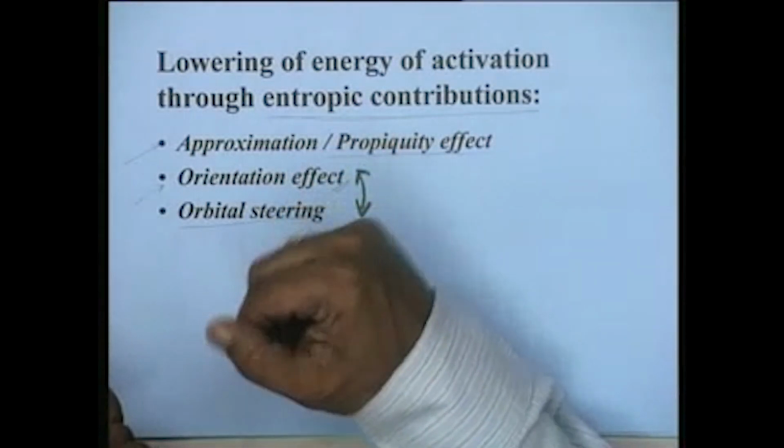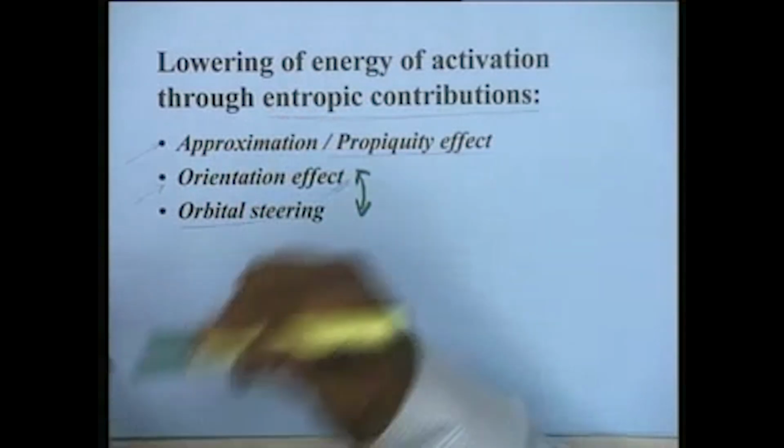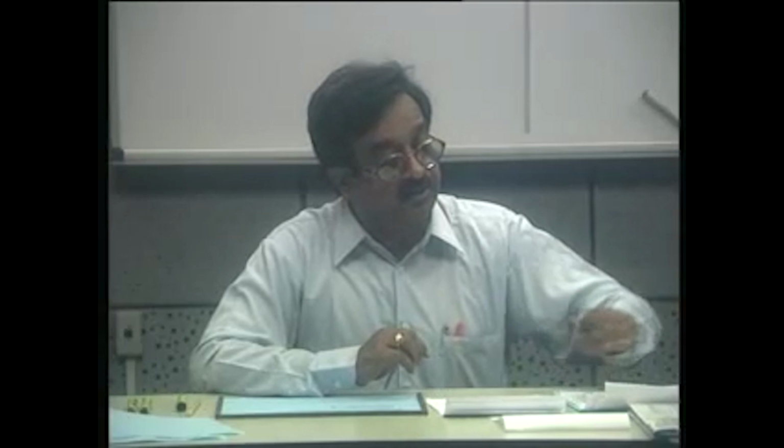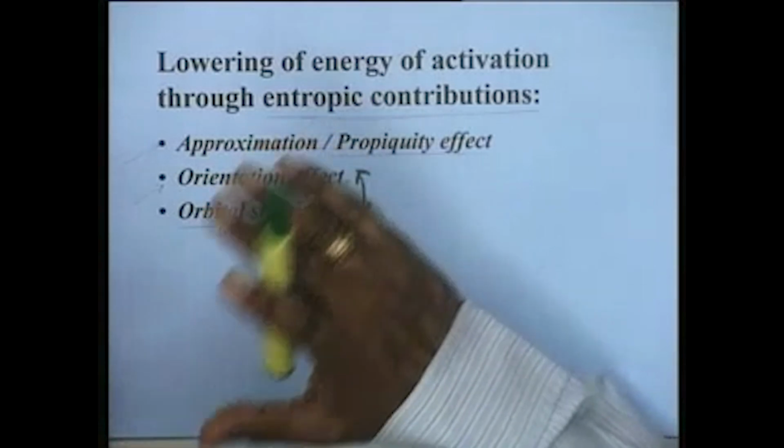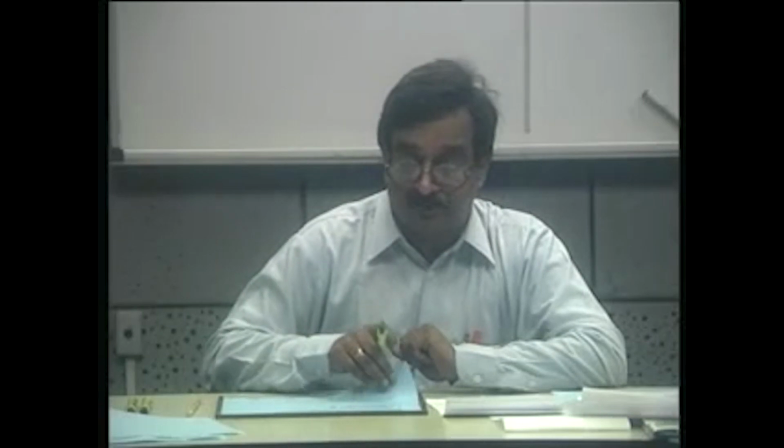Orientation effect is a much broader term, in the sense that it will include orbital steering as well as the aligning of certain functional groups on the substrate molecule, but orbital steering is aligning of only electronic orbitals in a particular fashion at the site, which will result in the net catalytic function. So these two effects, approximation and orientation, are essentially the major contributing factors in all catalytic reactions catalyzed by enzyme molecules.